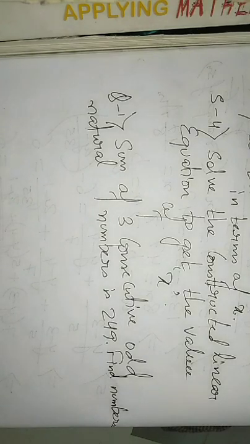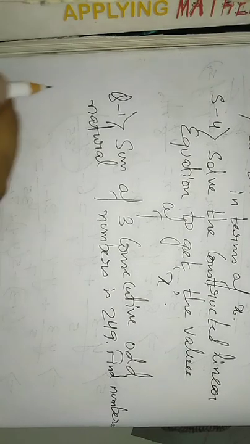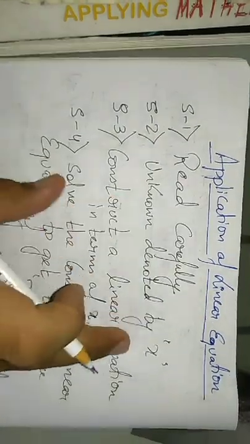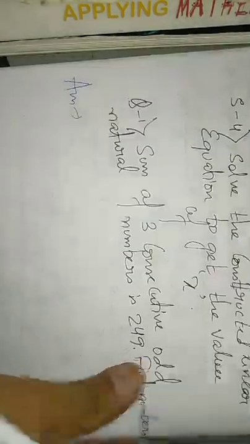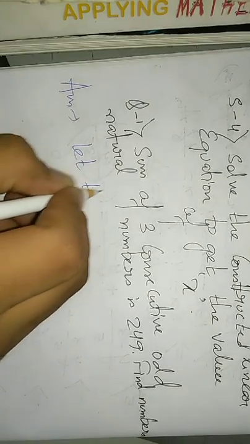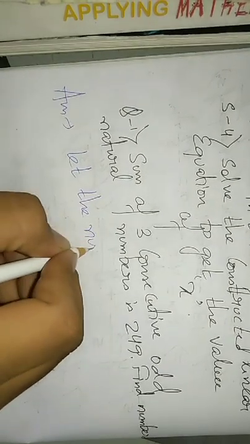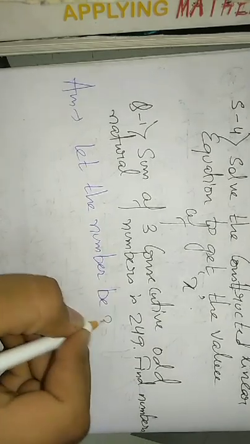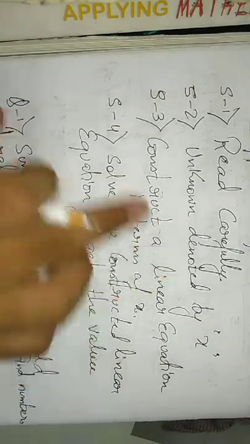We will go according to the guideline. Read the question carefully. Next, denote the unknown quantity by x. What is the unknown quantity? The numbers. So let the number be x.